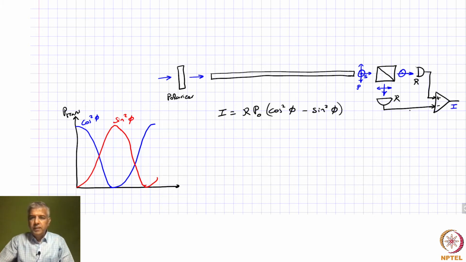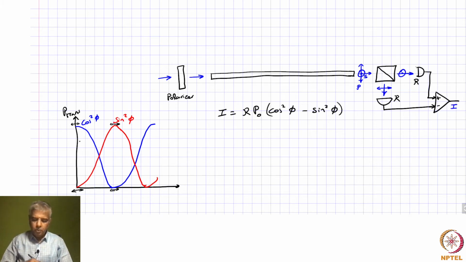So you are doing a differential detection. If you are picking up only the cos square, then you have very little sensitivity around this point, and if you are picking up only the sine square, then you have very little sensitivity at those points.